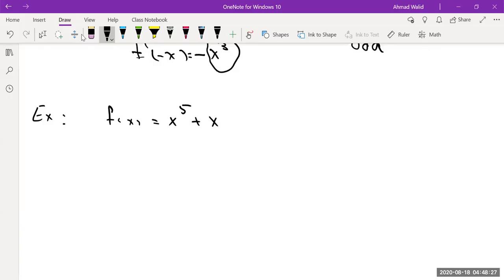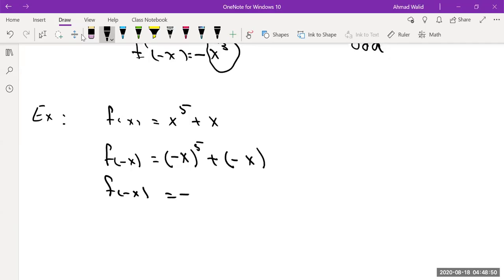Correct? To check, I look for the f of negative x. It means I replace in my function x with negative x. Then this one becomes negative x to the power of 5 plus negative x. F of negative x equals negative x to the power of 5 gives you negative x to the power of 5.